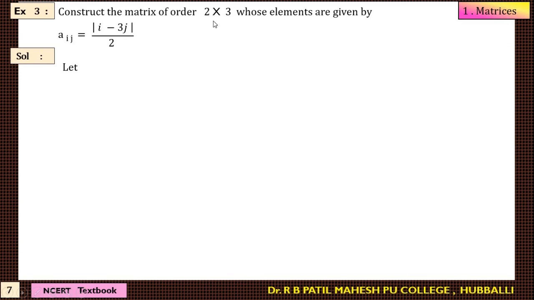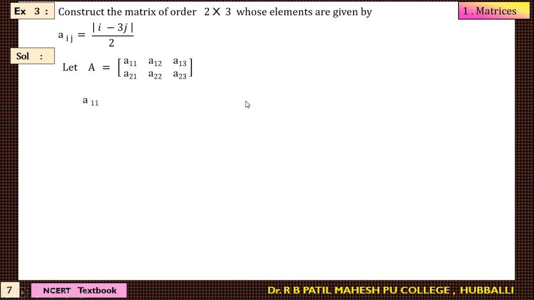It is 2 cross 3, and elements we have to find out using this formula, modulus of (i minus 3j) upon 2. First, write the A matrix of order 2 cross 3 taking general elements A11, A12, A13, A21, A22, A23. That is 2 rows, 3 columns, and elements are written like this. Now find out all these elements using this formula.